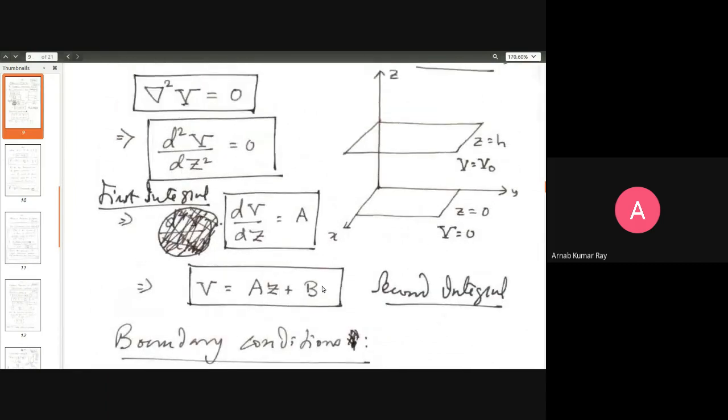V is equal to AZ plus B. If you, instead of working with the Z variable, had worked with the X variable, you would have got V is equal to AX plus B. Or if you had worked with the Y variable, then you would have got V is equal to AY plus B. In all these three cases, you get the solution of Laplace's equation as the equation of a straight line. So the Cartesian coordinate system is perhaps the easiest to work with when you're dealing only with one variable dependence. I stress on that thing again and again.